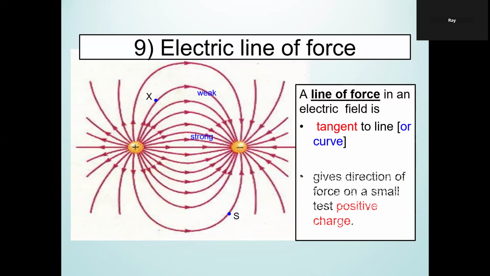Stronger force nearby, weaker force, weaker field further away. And if you are required to draw the field lines, it's just a tangent to the curve. Here, tangent to the curve, and the arrow will point like here.